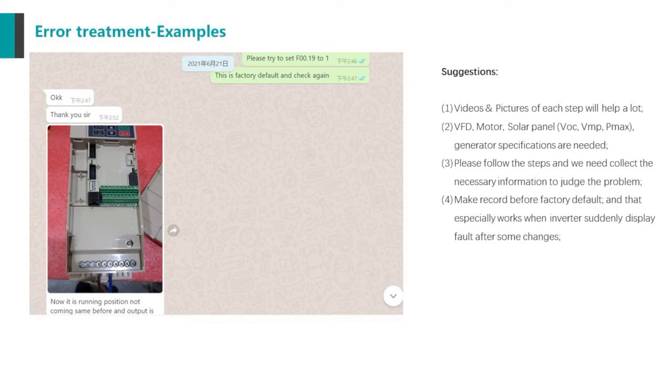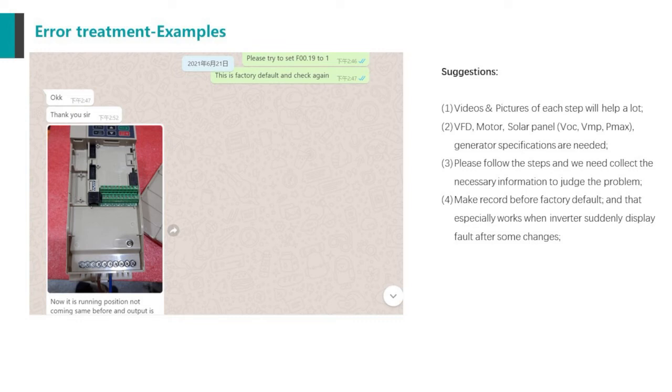From this example, I want to tell you two things actually. The first, the video pictures and basic information, this is the same as before. Another suggestion is that first you need to follow the steps and we must collect the necessary information, especially the fault description. That will help us judge the problem.